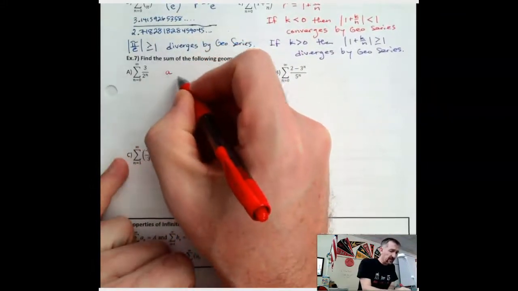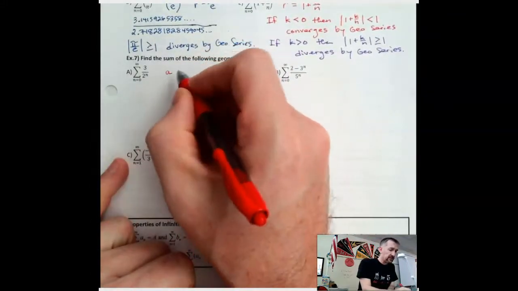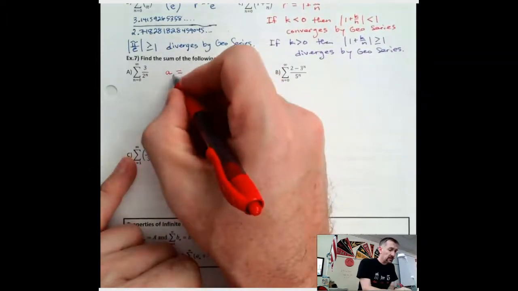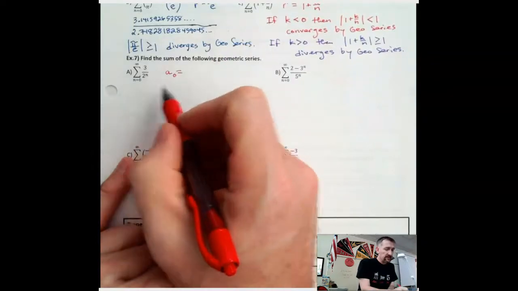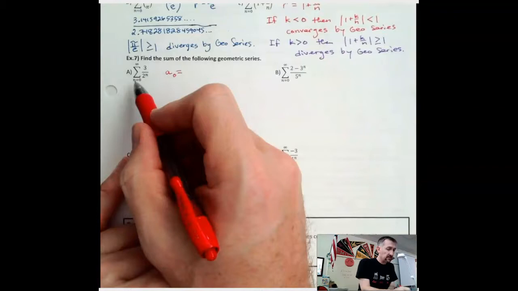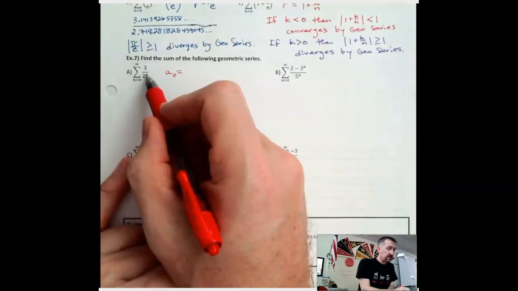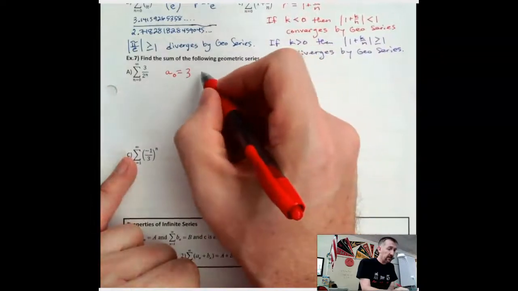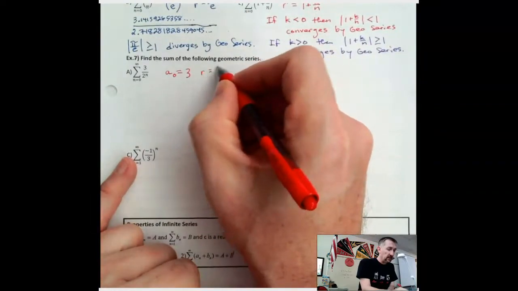But you want to find out your first term here, so that's going to be 0. The formula says a sub 1, but it's the first term that you use. So anyway, a sub 0, 2 to the 0 power is 1, so that's going to be 3. And then r is going to be 1/2.